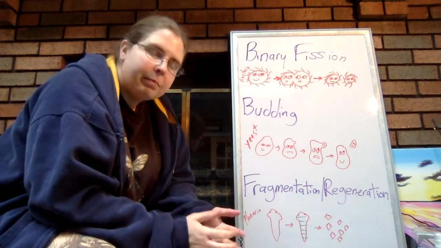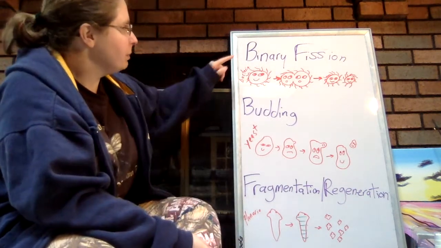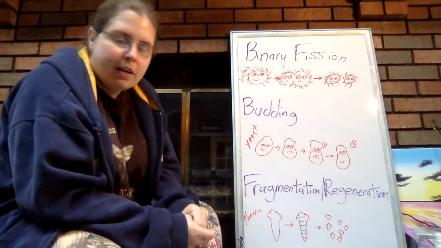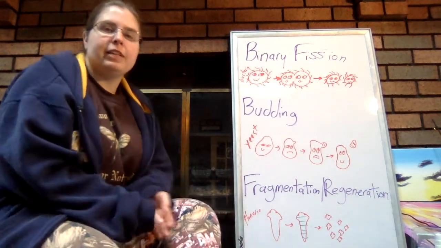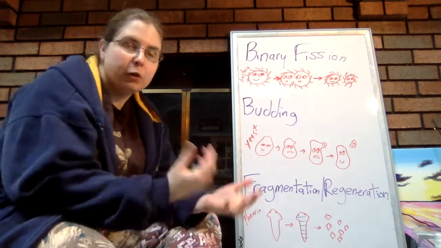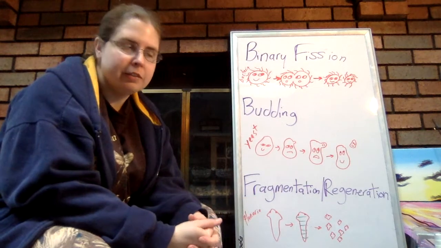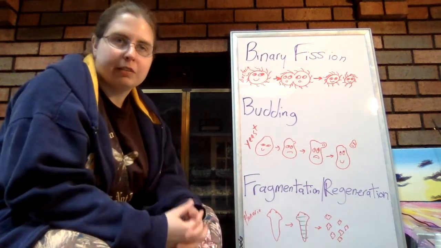There are three main ways that we mentioned that this can occur. The first way would be binary fission. This is essentially just a fancy way to talk about cell division and mitosis for single-celled organisms. Remember, when your cells go through mitosis, you have one skin cell, it divides, it becomes two skin cells.